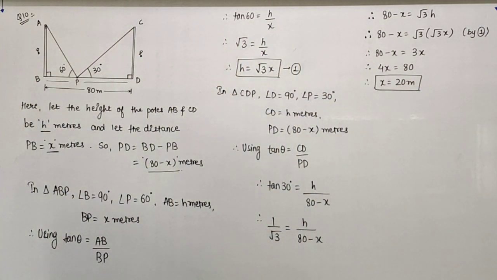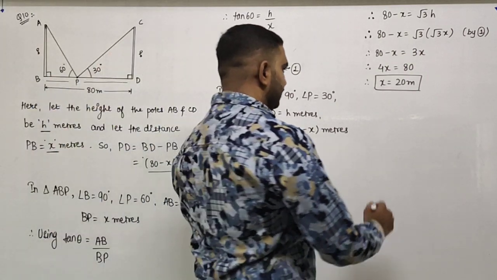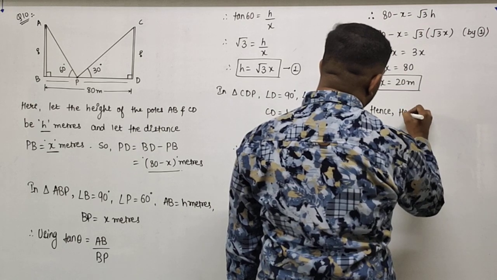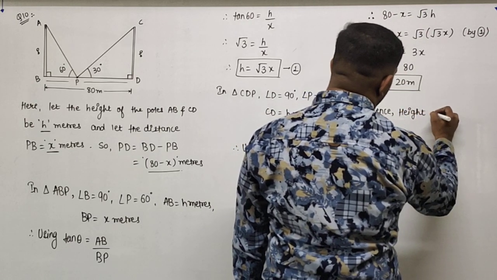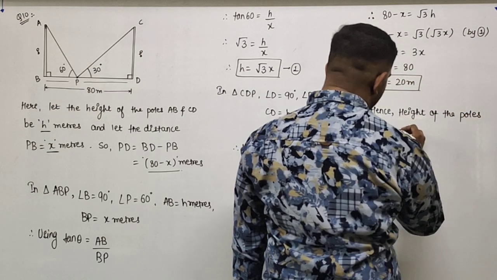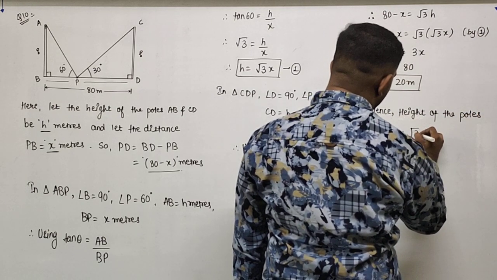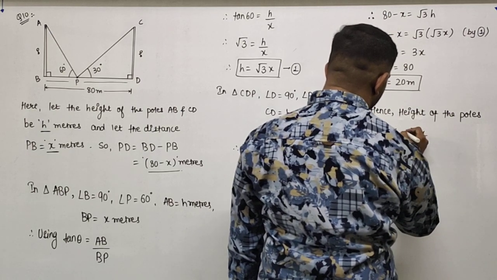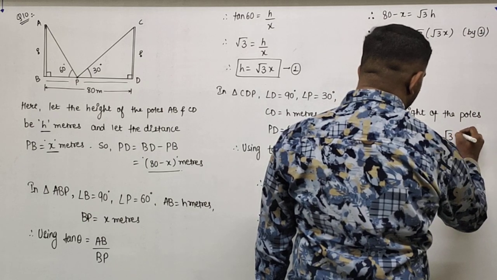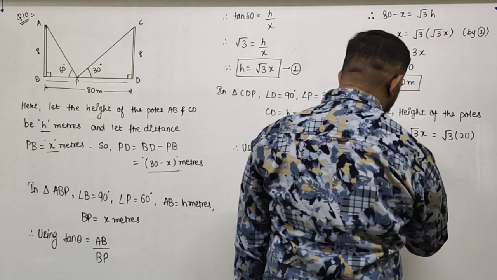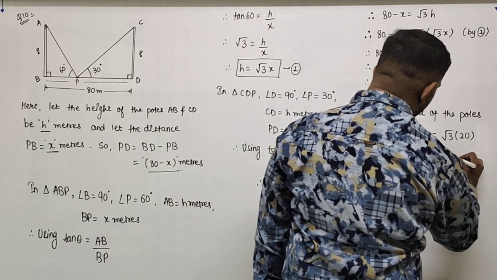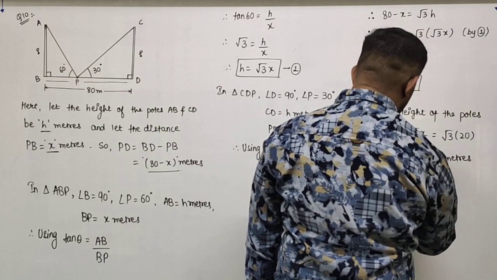So we got the value of x, that is 20 meters. Hence, the height of the poles, that is h, is equal to root 3 x. h is equal to root 3 x, that is root 3 multiplied by 20, and hence h is equal to 20 root 3 meters.